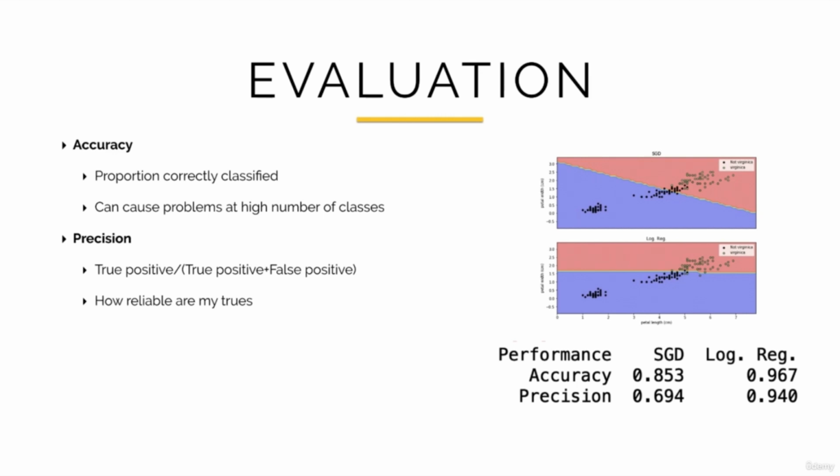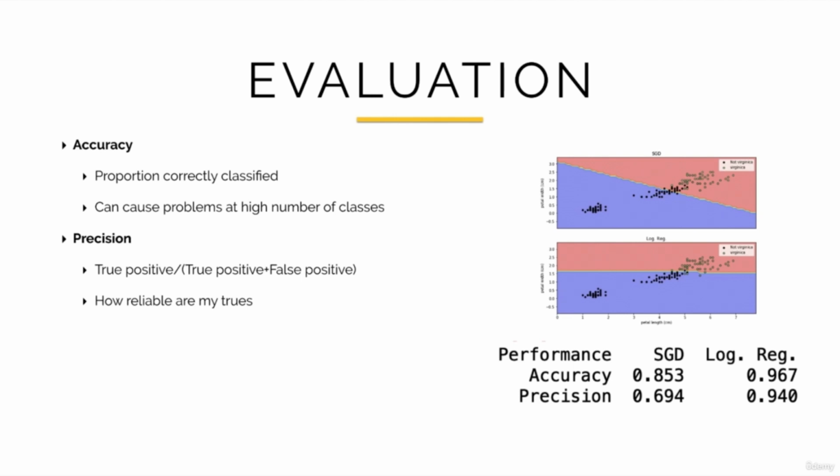So a true positive, or a correct positive prediction, is if you say this flower is this type of flower, and it is in fact that type of flower. A false positive is when you say this flower is that type of flower, but it's actually not that type of flower. If you say, yes, this is the flower I'm looking for, but it's actually not that flower, then what you have here is a false positive.